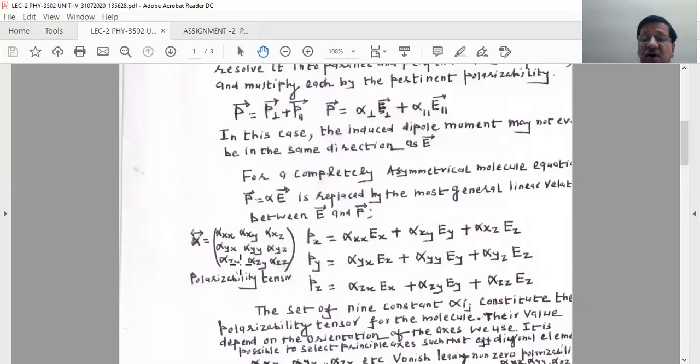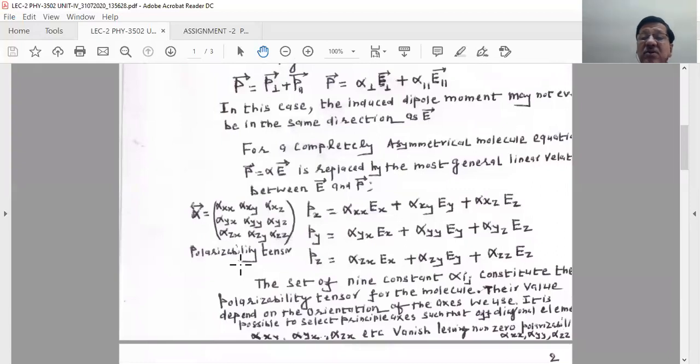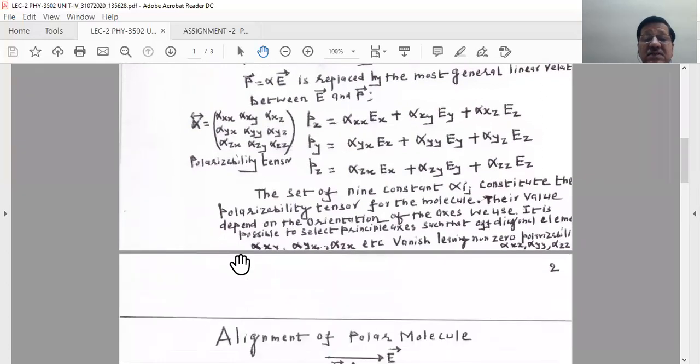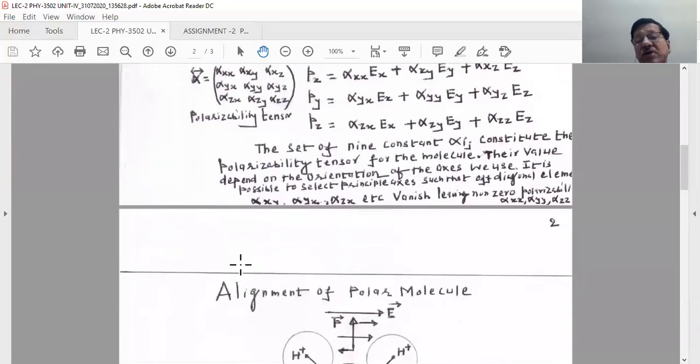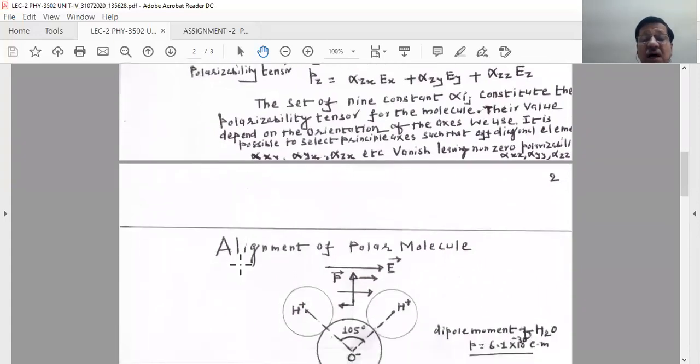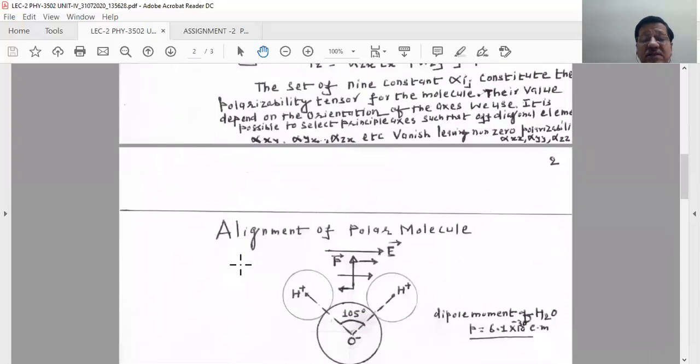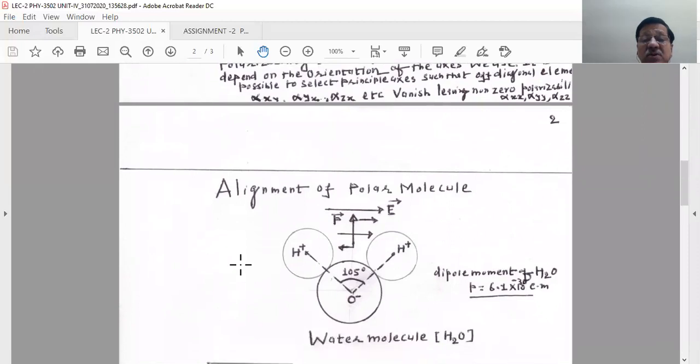Well, friends, now once you understand the polarization of a molecule, let us understand the alignment of the molecules. Basically, I want to teach you the alignment of polar molecules. I know that you understand the meaning of polar molecules and non-polar molecules, because there are certain molecules in nature which consist of a permanent dipole moment.